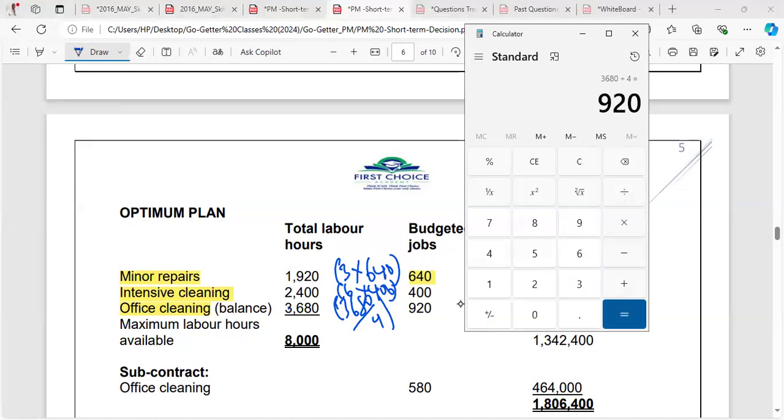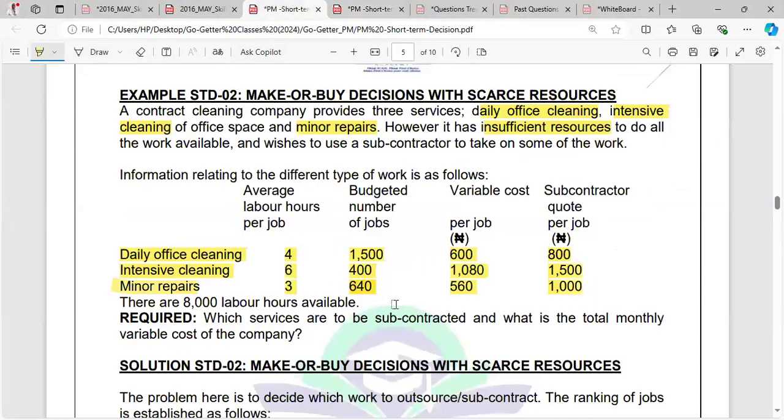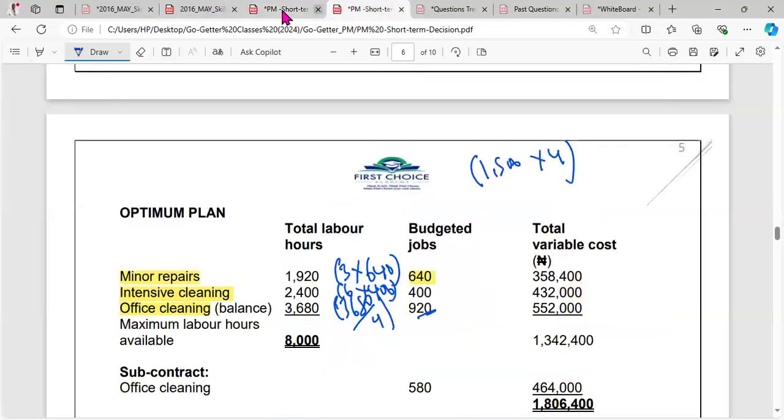And that gives us this 920 jobs instead of the 1,500. So what have you done? You've done all of this 640, done all of this 400, but you have only done 920. Is that it? Yes, 920.